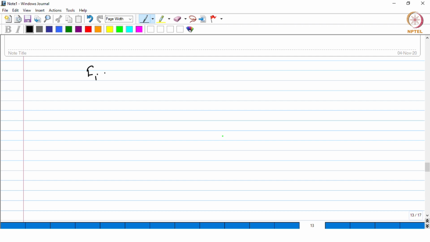So if you look at the expression for Fi, it includes this delta sigma term, which is given as this, wherein delta sigma naught is the difference of those interfacial energies.